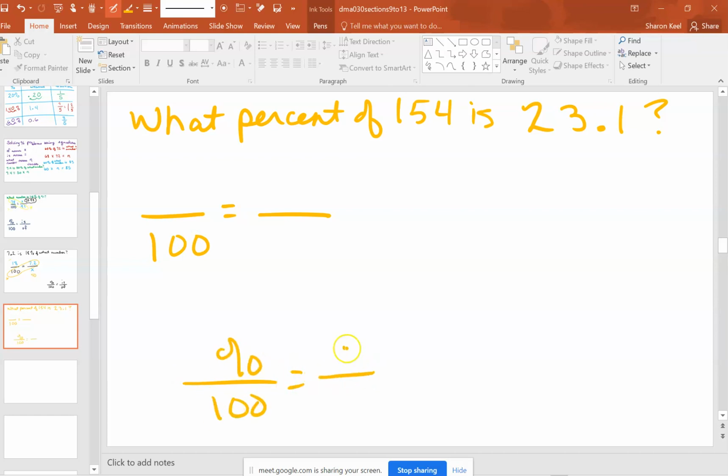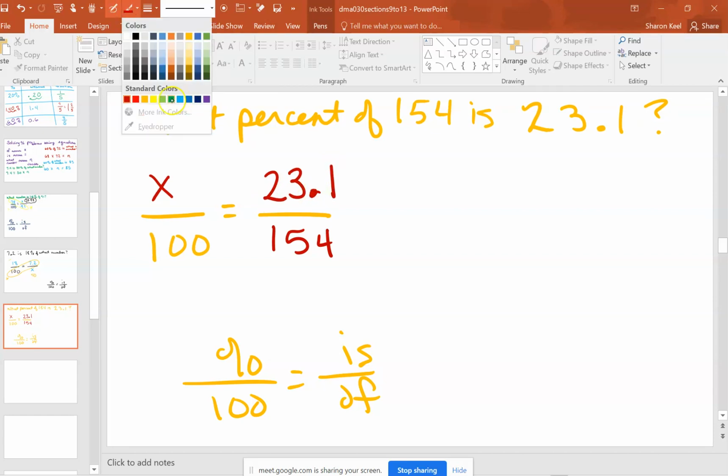Percents over 100 is on top, of is on bottom. So what percent? That's what we're trying to solve for. The percent is the unknown. Of 154, the of value goes in your denominator, is 23.1. The is value goes in the numerator.